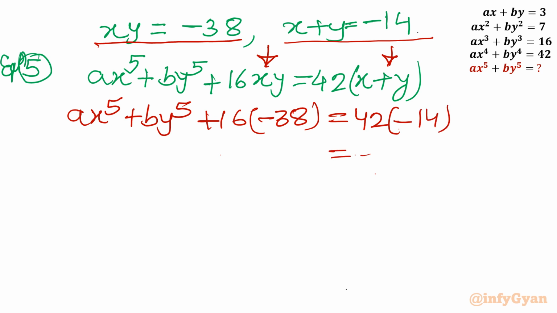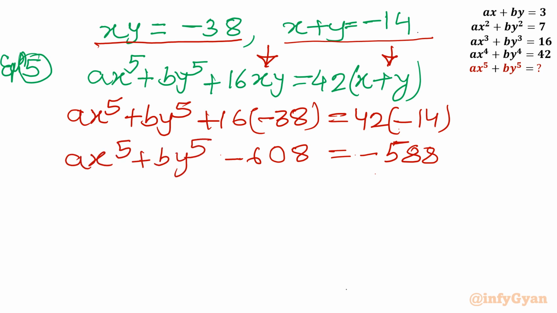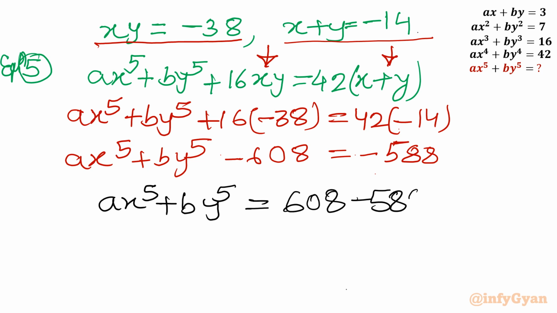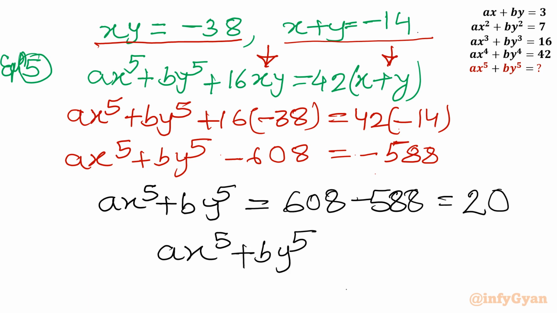So 42 times minus 14 is minus 588, and this value is negative 608, and our expression ax power 5 plus by power 5. Add 608 to both sides. So we will get our answer, ax power 5 plus by power 5 would be 608 minus 588, which is equal to 20. So the expression value is ax power 5 plus by power 5 equal to 20.